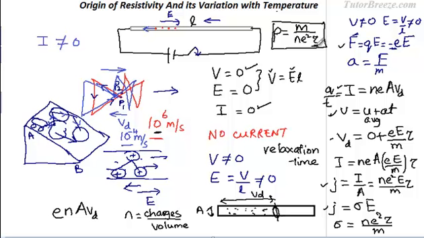So if the time between two collisions decreases, that means the relaxation time is going to decrease. And if this time decreases, the resistivity will obviously increase. Hence, in case of metals, the resistivity increases with the increase in temperature.